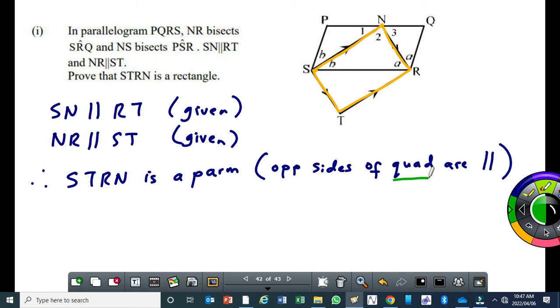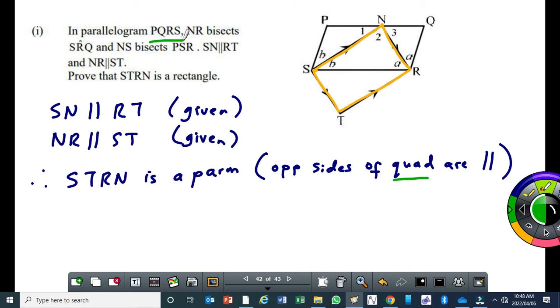Now that we have proved that our quadrilateral is a parallelogram, the next thing is to prove that either angle N2 is 90, or NRT is 90, or angle T is 90, or angle TSN is 90. Any one of those four. So I am just going to use the fact that we are already given PQRS.